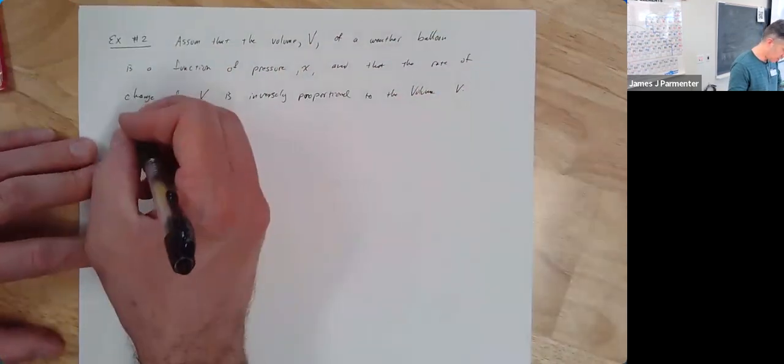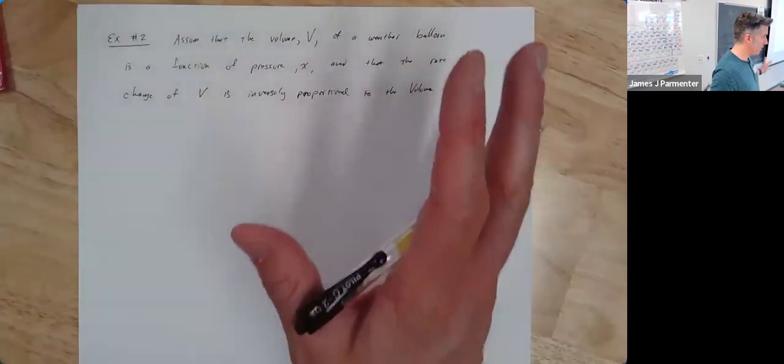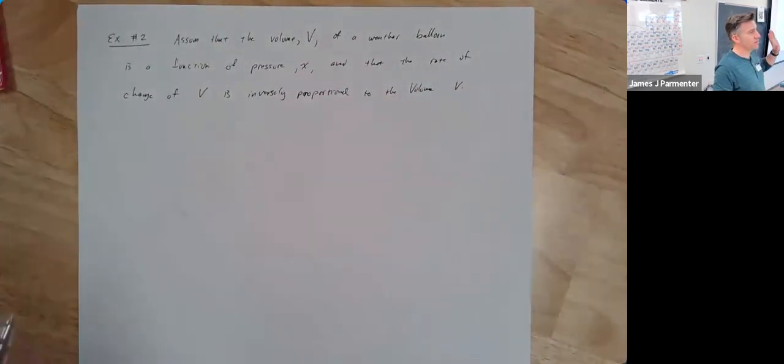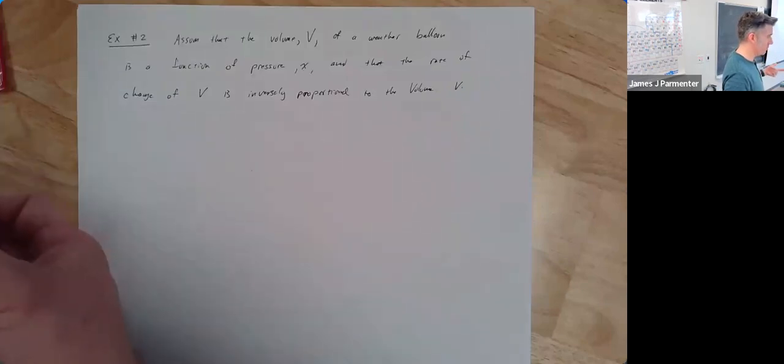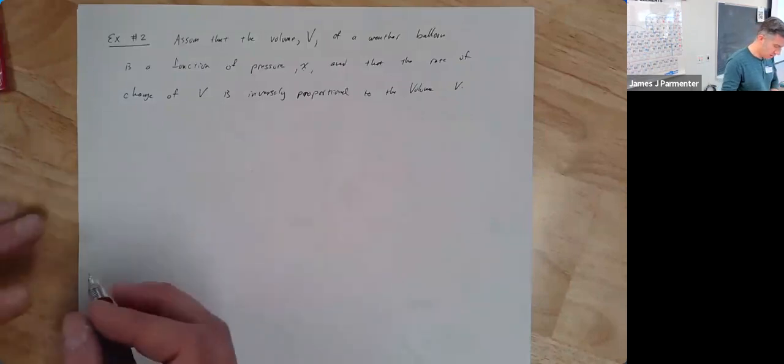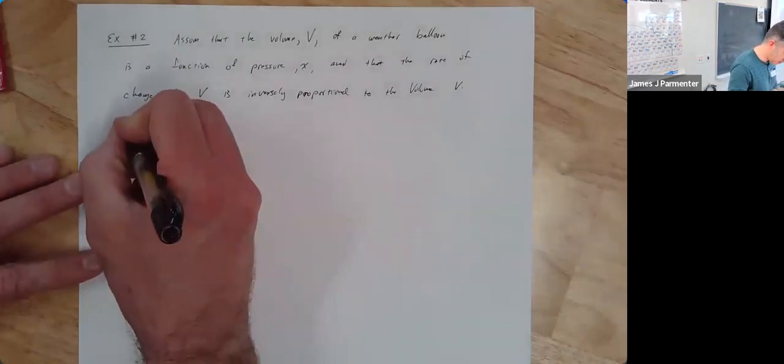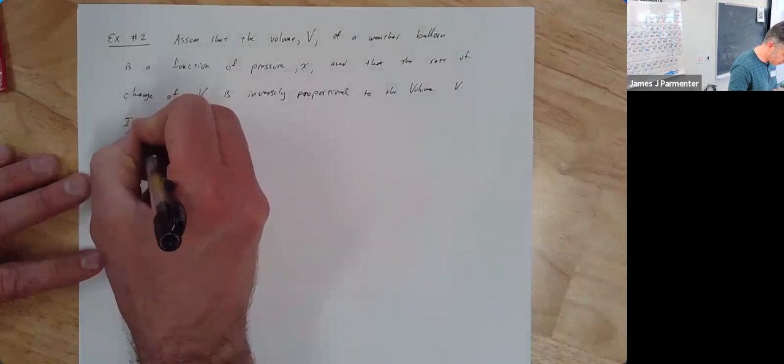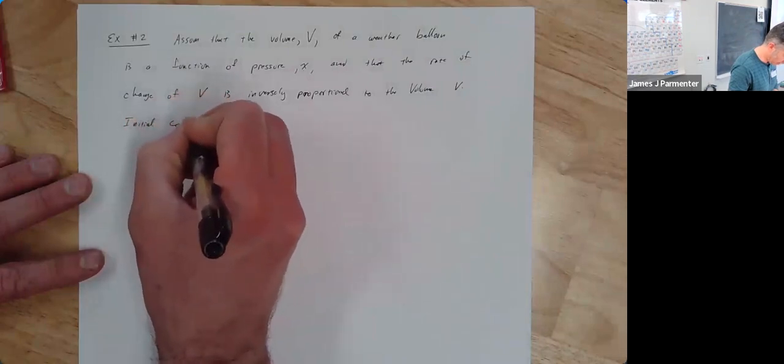So that's kind of the setup. With just that setup, we could write and solve the differential equation, but we couldn't find the constants. Additionally, we have some initial conditions.